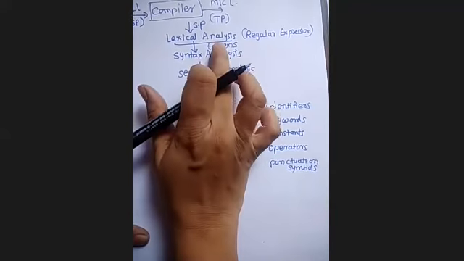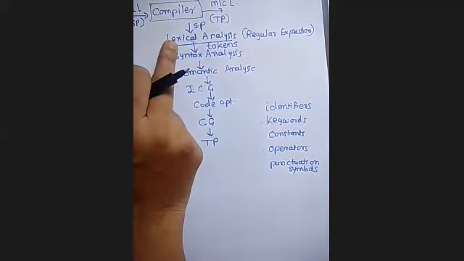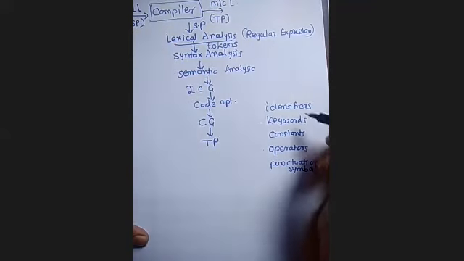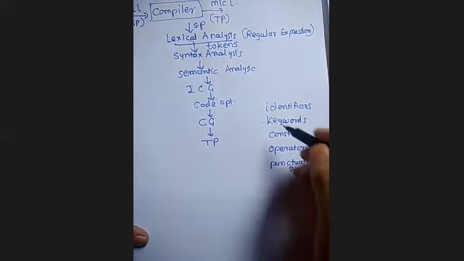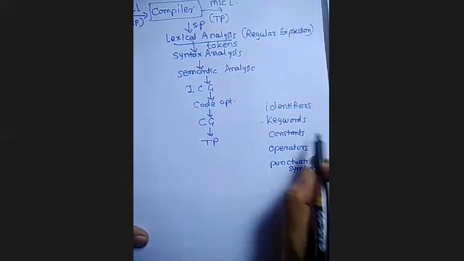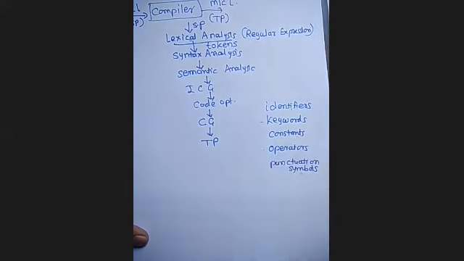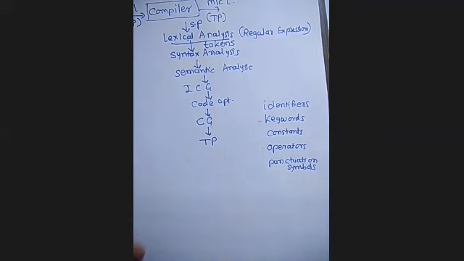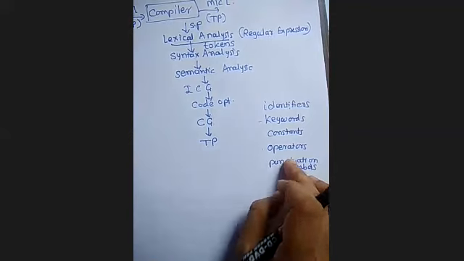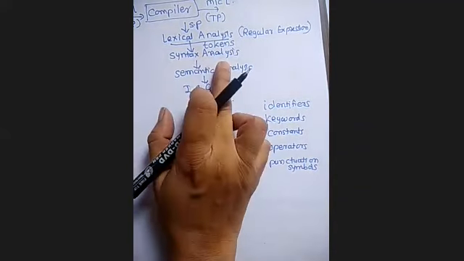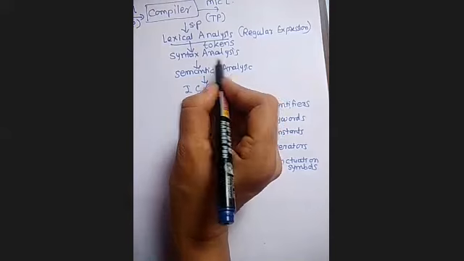It will read your program character by character. It will check the category which is matching using the regular expression. So we have seen for each of these, there are regular expressions to represent the token. Once the tokens are generated, these tokens are given as an input to the next phase, that is the syntax analysis. So what is the function of the syntax analysis?